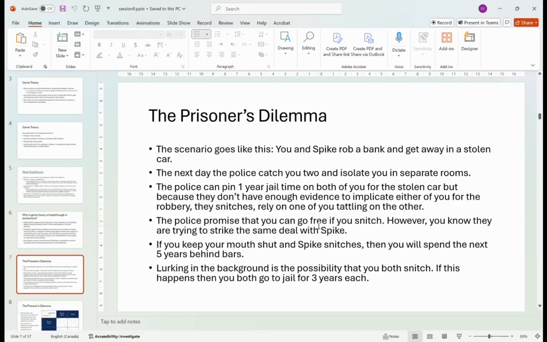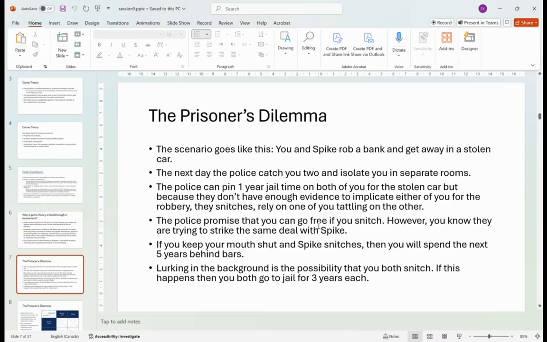In the Prisoner's Dilemma, we have two robbers. They are both robbing a bank, and they are getting away using a stolen car. The very next day, the police catches them, and they have enough evidence to put them in jail for 1 year just because of the stolen car.